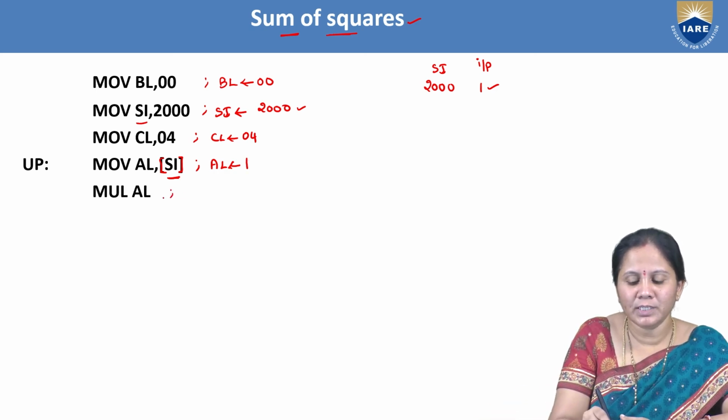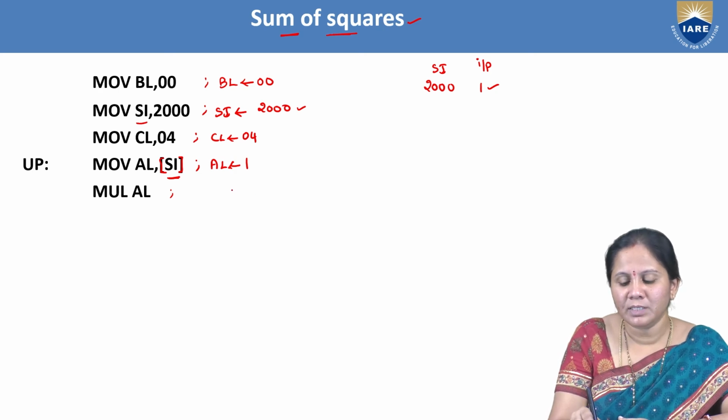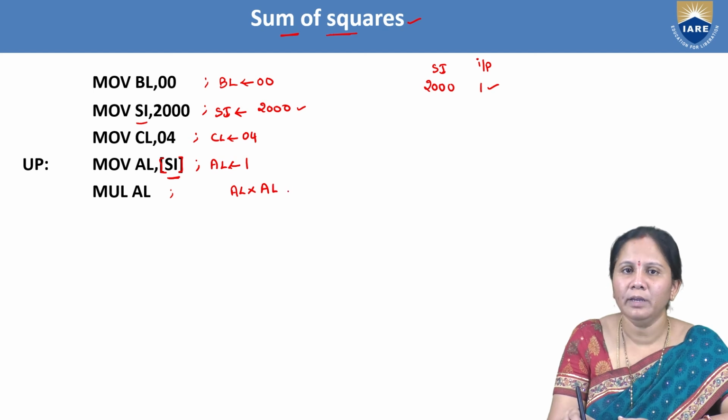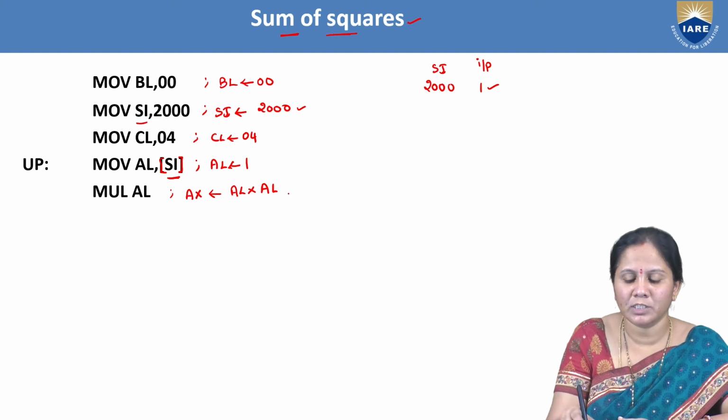And the next instruction is MUL AL. If you write the instruction MUL AL, we know what operation will be performed. That means here AL into AL operation will be performed, and the result will be stored in the AX register. This is the operation for the MUL AL instruction.